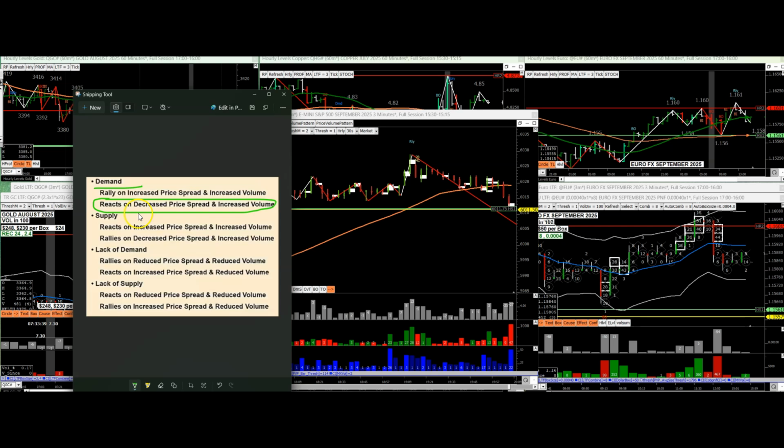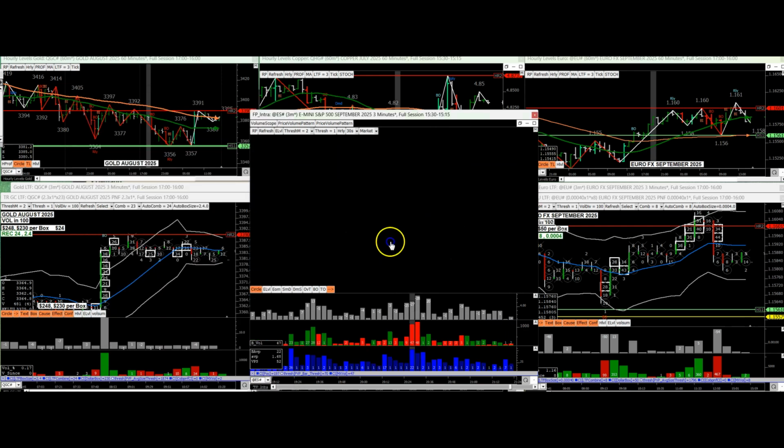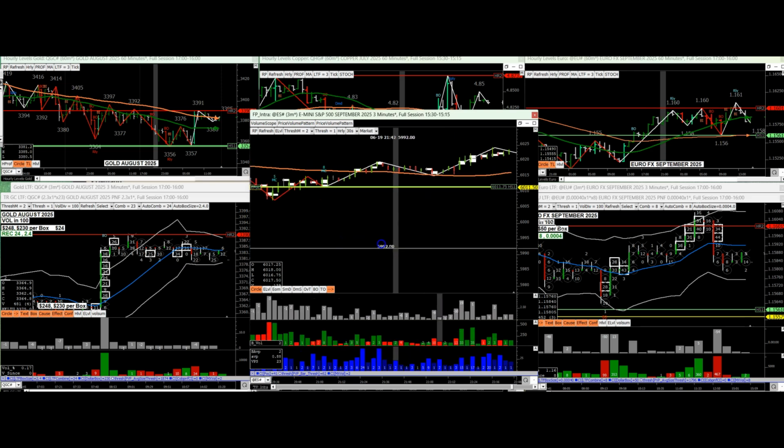Price spread will decrease and volume will increase, which automatically means that you have a lot of volume per price within that bar. That will then increase these values here, which can be quantified to identify demand on any pullback or supply on any pullback.